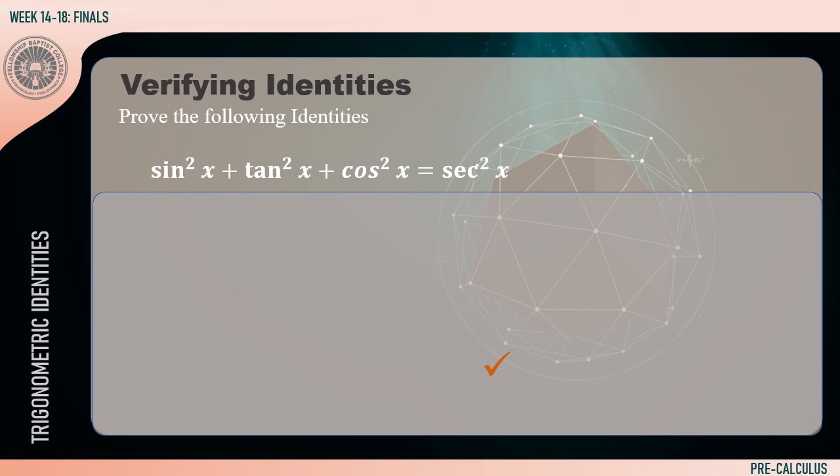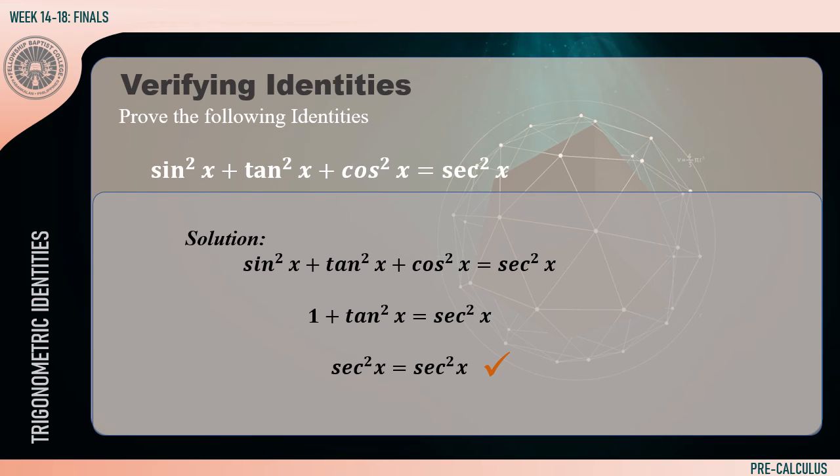Okay, another example we have. Sorry, medyo lawig na identity. Prove the following identity: sine squared x plus tangent squared x plus cosine squared x is equal to secant squared x. Okay, solution. So take note, may ara kita sine and cosine.